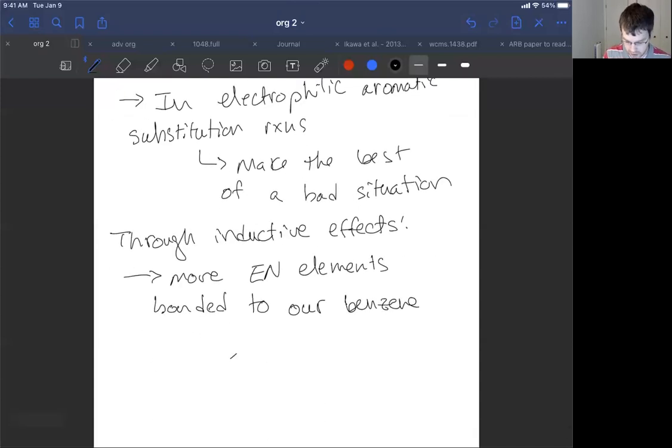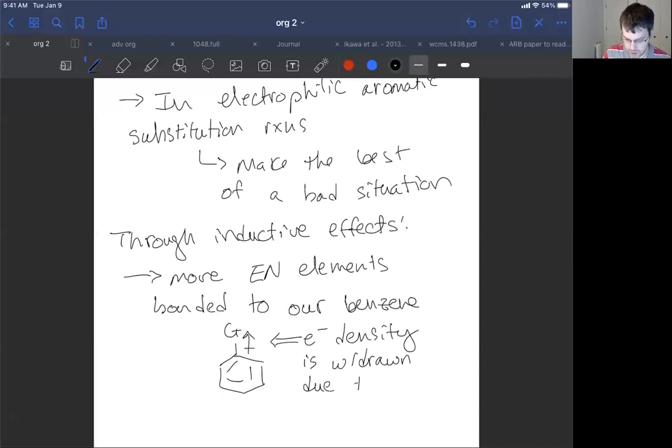If we have some sort of group G, that causes a dipole to form where electrons, or electron density to be more precise, is withdrawn due to polarization of sigma bonds.